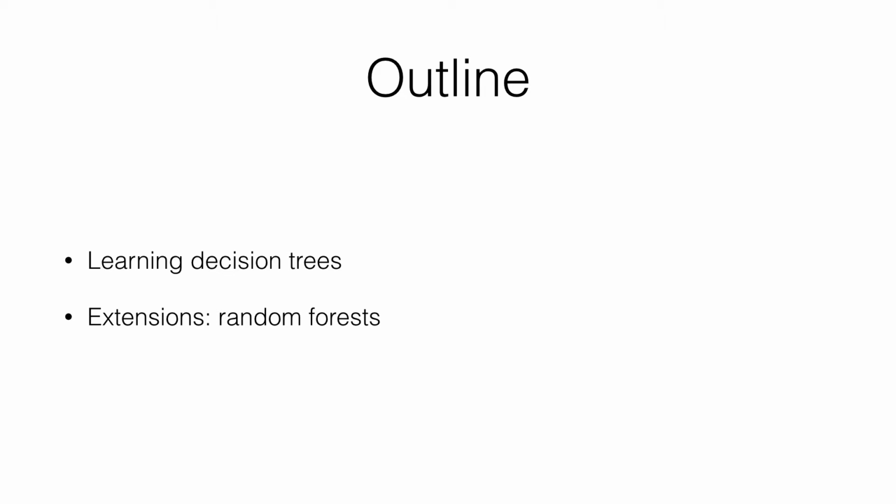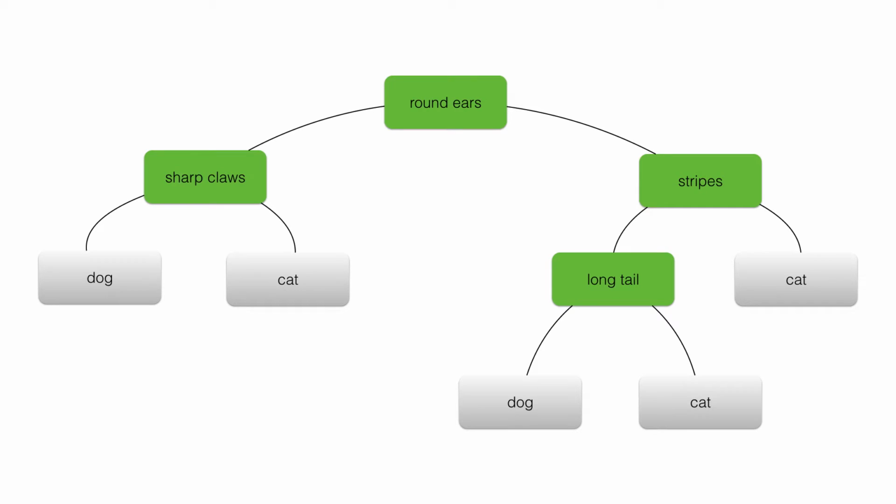To start out, we're first going to go over an example of how a decision tree operates once it's already been built. So here's an example decision tree. The first thing to consider is what the decision tree is going to get as input and what its output will be. In this case, this is a classification decision tree, so it's going to get a data example as an input, and then it's going to output a class label.